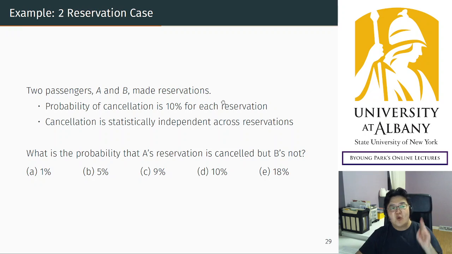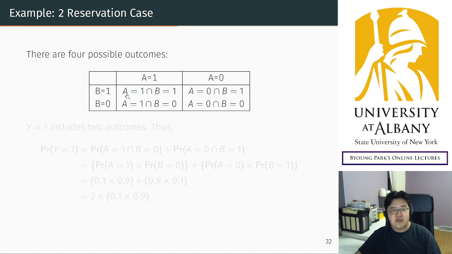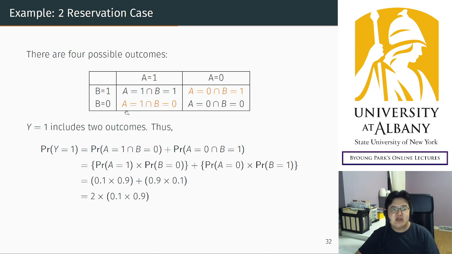And then when you consider two reservations, what I want you to see here is that there are four possible outcomes. Here you have to understand that there are two different outcomes that satisfy one cancellation, that imply y equals 1.